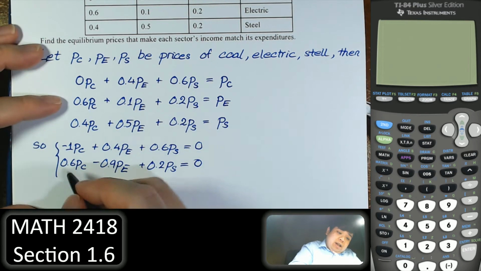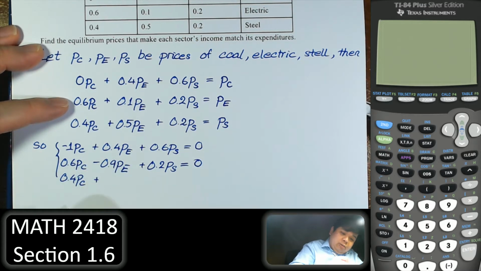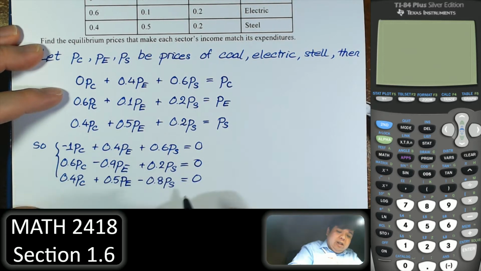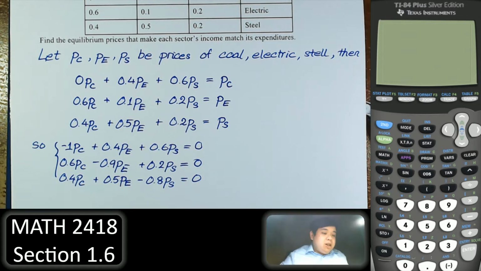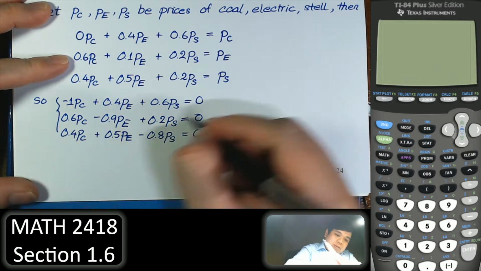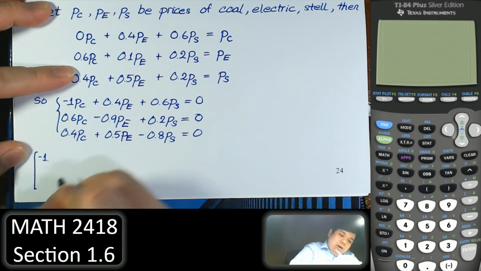And then 0.4 the price of coal, 0.5 the price of electric, and subtract 1, we have 0.2 minus 1 is -0.8 the price of steel. We do have a homogeneous system here, so of course put it in a matrix, reduce to row echelon form, and that's pretty much it. Augmented matrix.